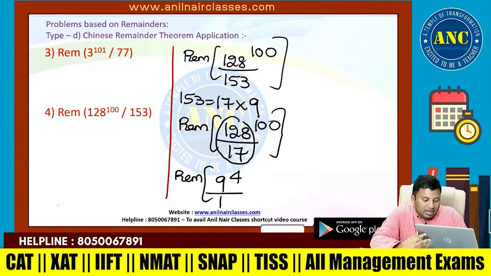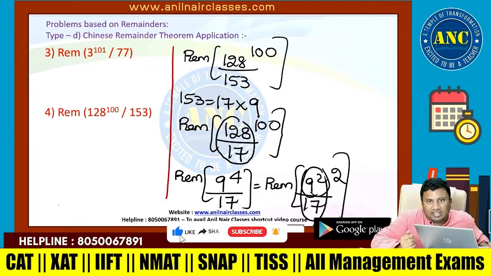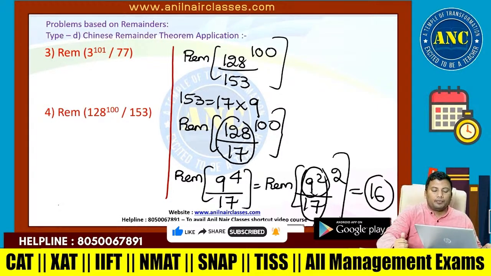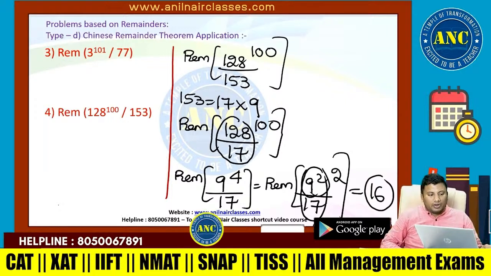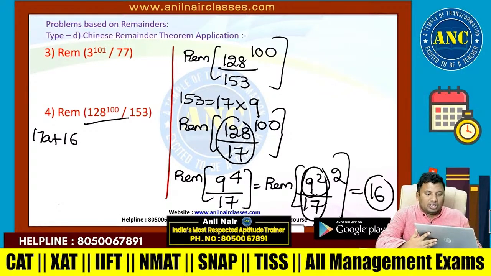Directly I am writing, divided by 17, these are nothing but 9 to the 4, that is 9 square whole square divided by 17. 81 divided by 17, 17 5s are 85, so minus 4. Minus 4 whole square is 16. That means when divided by 17, the remainder will be 16.